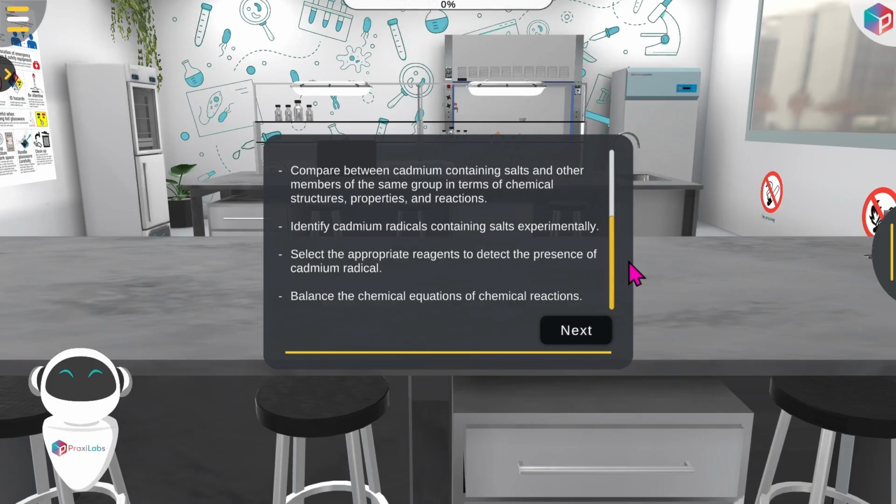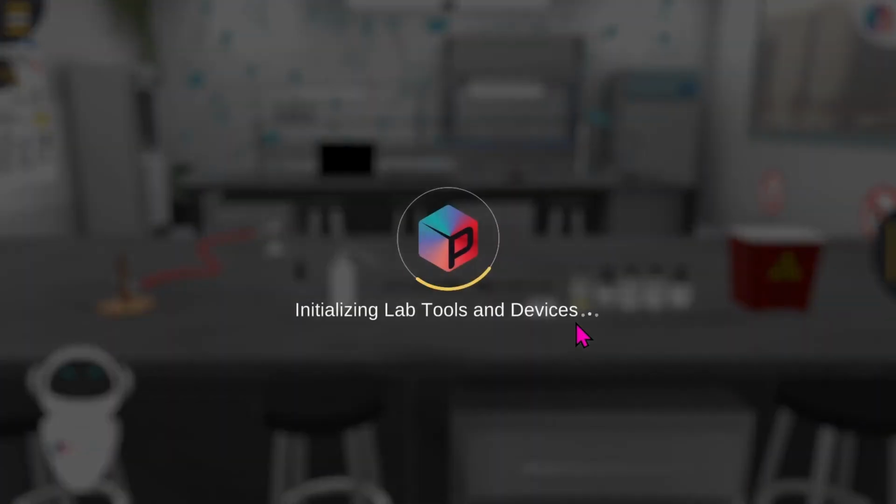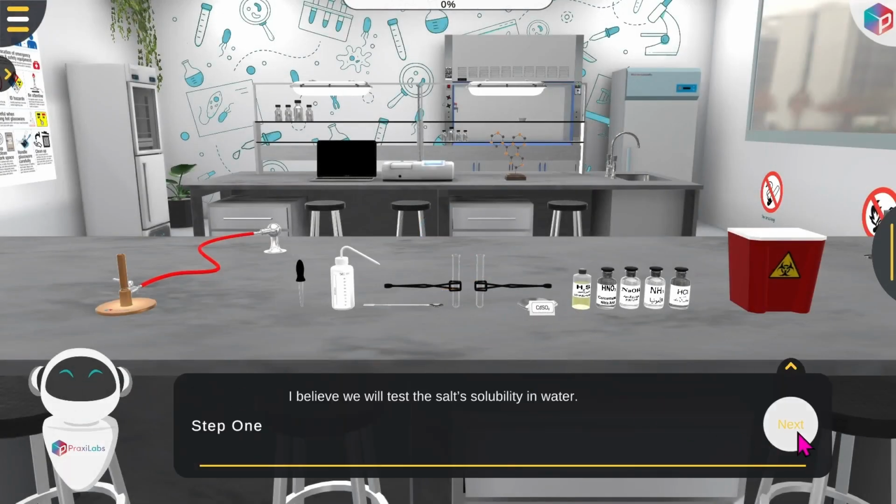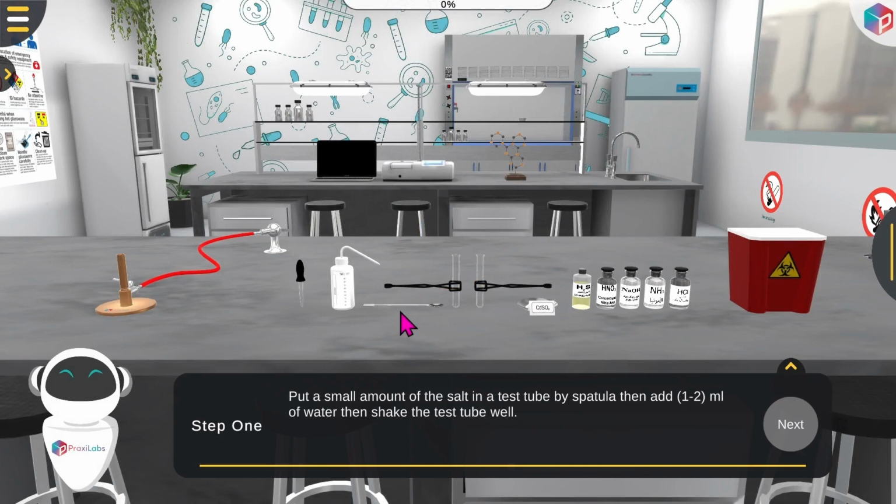Let's begin. You can track your progress using the progress bar at the top of the page. Step 1. Put a small amount of the salt in a test tube by spatula.